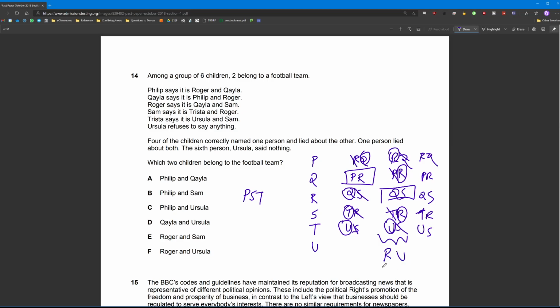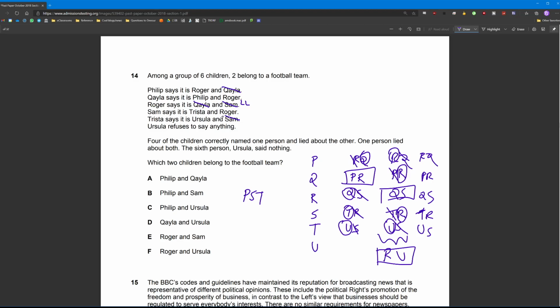And if this is true, if this is the logical configuration that makes it such that you have one person who's lying, Roger is lying about both, double lie, and everyone else says one person who is actually on the team, that is R and U, we eliminated Kayla in every instance, and we eliminated Sam in every instance.